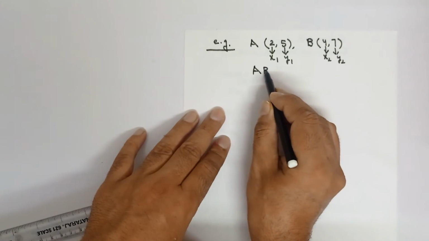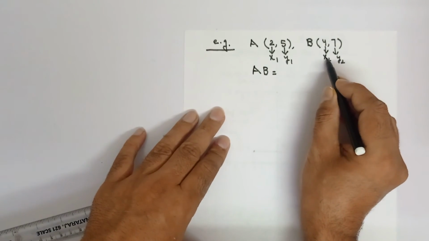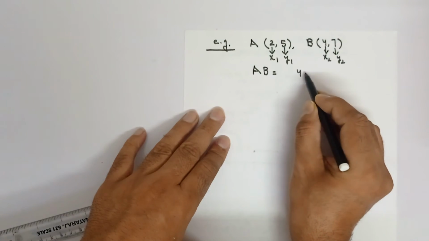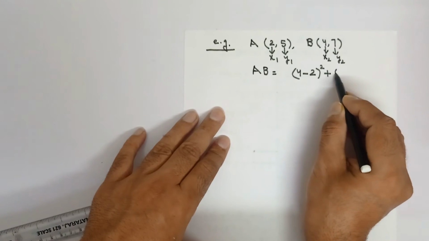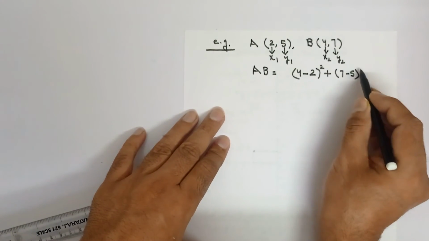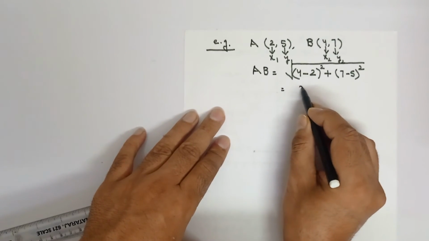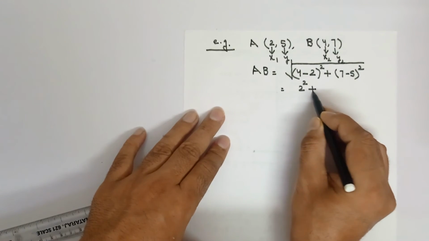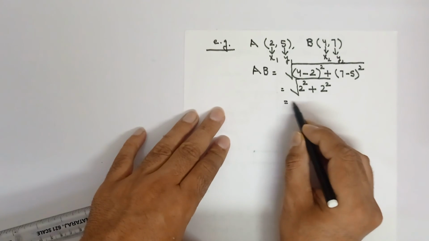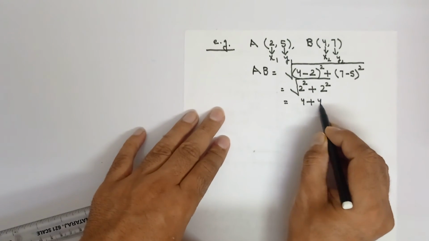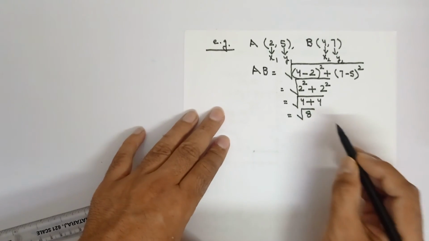This is AB. If you apply (x2 minus x1) whole square, x2 is 4 and x1 is 2, so (4 minus 2) whole square, plus (y2 minus y1), (7 minus 5) whole square, and this is under root. 4 minus 2 is 2, square; 7 minus 5 is 2, square, under root. 2 square is 4, 2 square is 4, so under root 8.